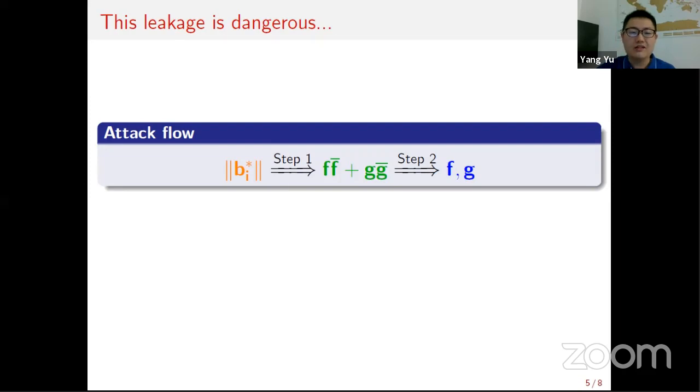Our algorithm consists of two steps. At the first step, we compute a polynomial f f-bar plus g g-bar from the Gram-Schmidt norms. Here, the bar denotes the complex conjugation. Once we compute f f-bar plus g g-bar, we can compute the NTRU secret key f and g from it.